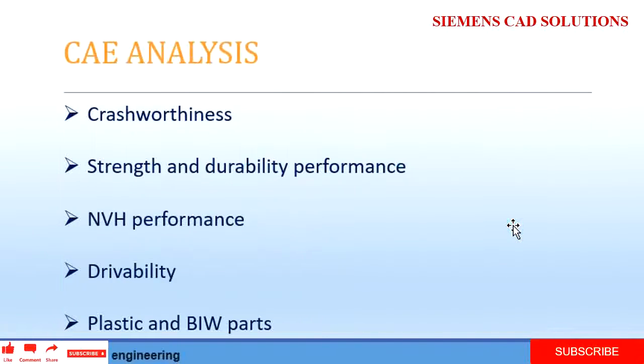Next, the role of CAE. So CAE, they will do the analysis for the individual parts. So what is the strength and durability of the part, and then they will go for the crash analysis, and then NVH performance. They will do the vibration test. NVH is noise, vibration and harshness.